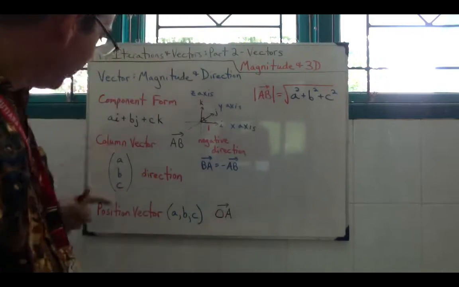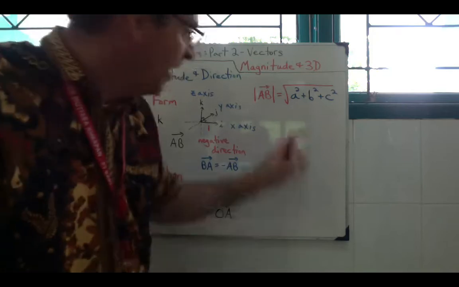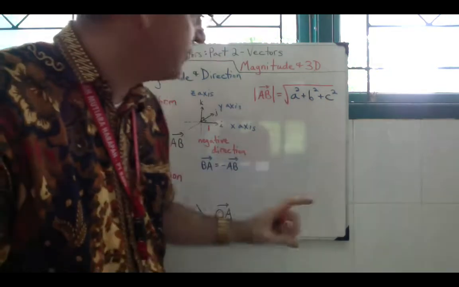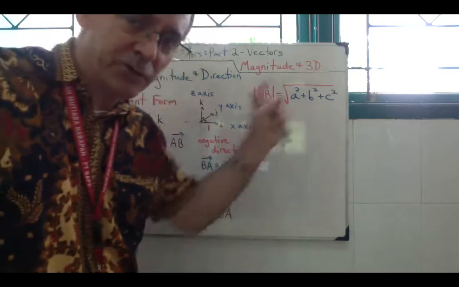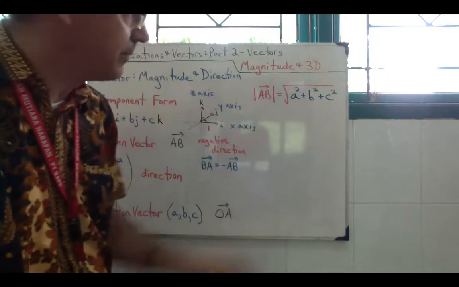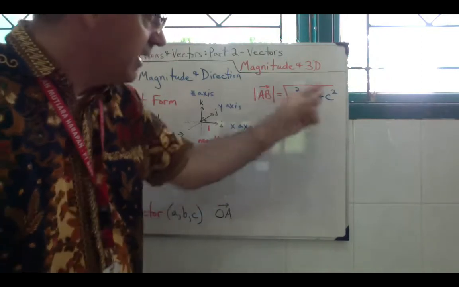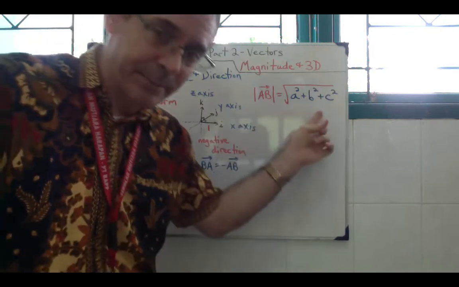You take your column vector or the coefficients of your component form, square each of them, add them together, and then take the square root. Remember, square roots do not distribute across addition, so make sure you do the inside first before you do the square root part. This is how you find the magnitude.